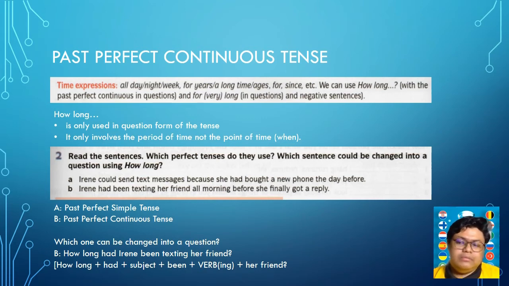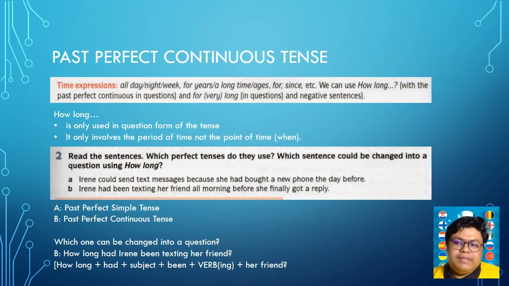Remember, it is only used for question and it involves period of time, and it is also only used for past perfect continuous. So the answer, which one can be changed into a question? B lah. The question form would be, how long had Irene been texting her friend?